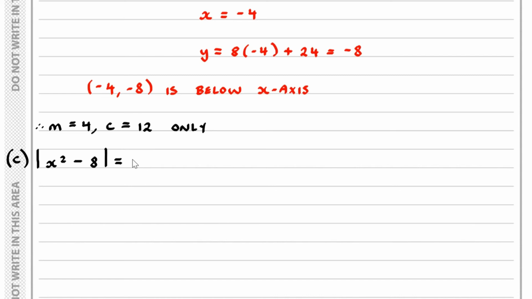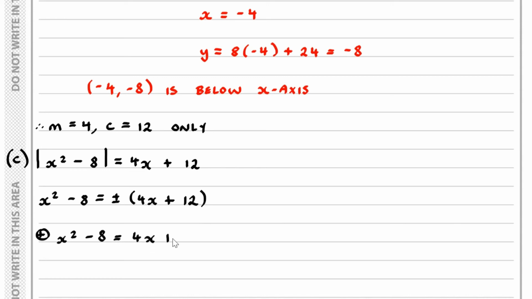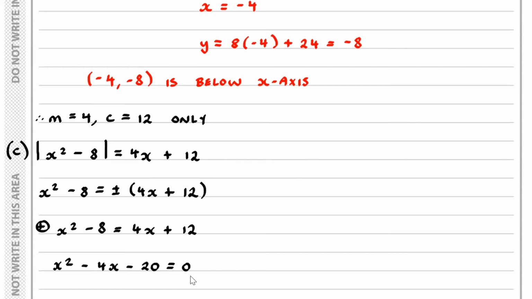So here we've got 4x plus 12. So I've got x squared minus 8 equals plus minus 4x plus 12. So if I deal with the positive, x squared minus 8 equals 4x plus 12. X squared minus 4x minus 20 equals 0.